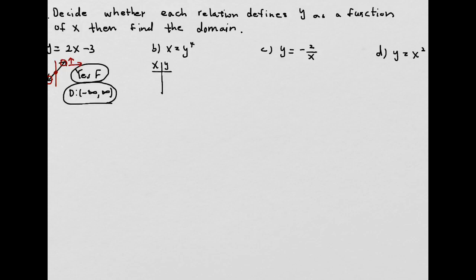So if I replace x equals 1, then y to the 4th equals 1, where in order for me to get rid of y to the 4th, I need to use the 4th root. And whenever we're using even roots, we need to put plus minus signs, where it gives you plus minus 1, right? So you end up getting 2 values of y. So we know that's not going to be a function.